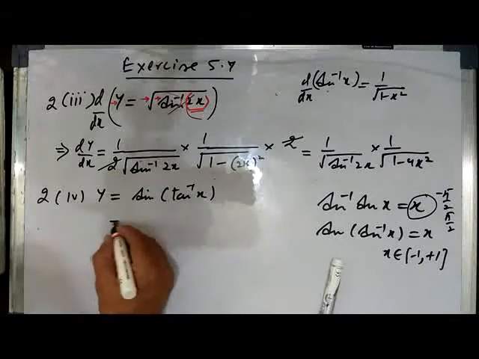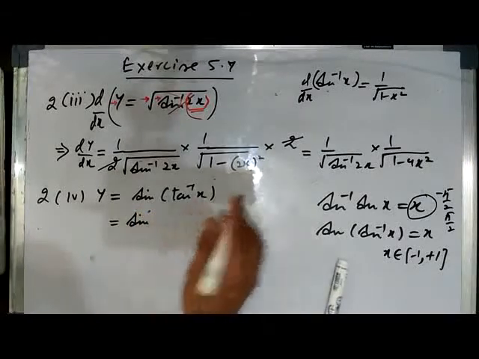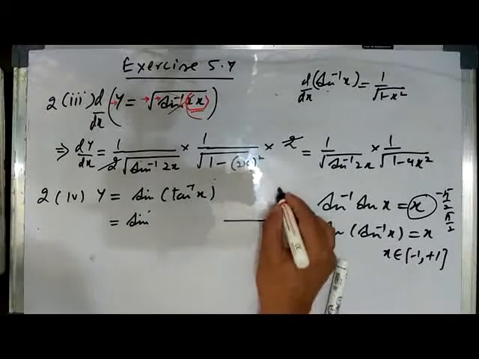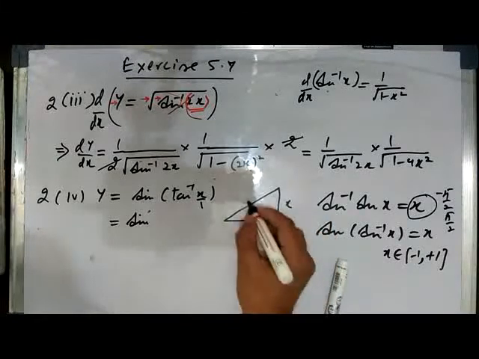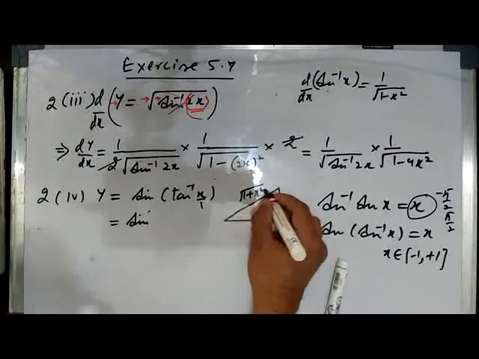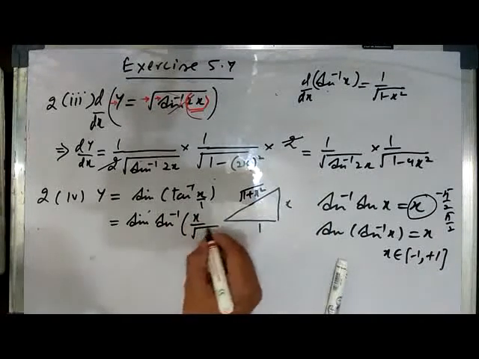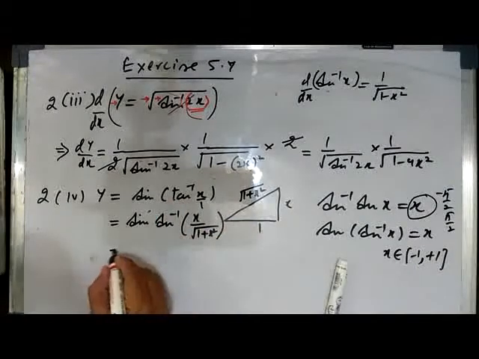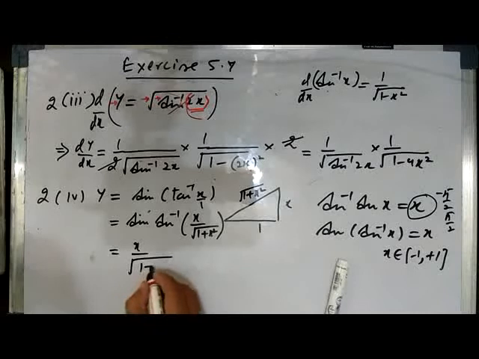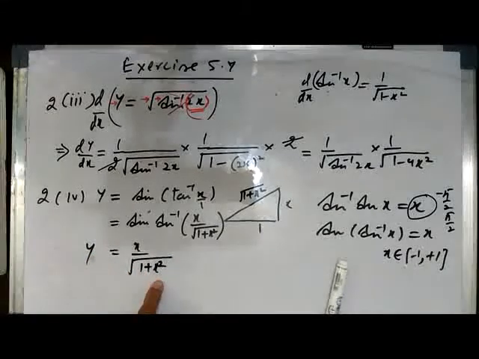So as I have told you in my classes, you can change it by the law of conversions. It is x upon under root 1 plus x square. So it is sine of sine inverse x upon under root 1 plus x square by the law of conversion. So it becomes x upon under root 1 plus x square. Here we have not differentiated, we have just simplified this function.